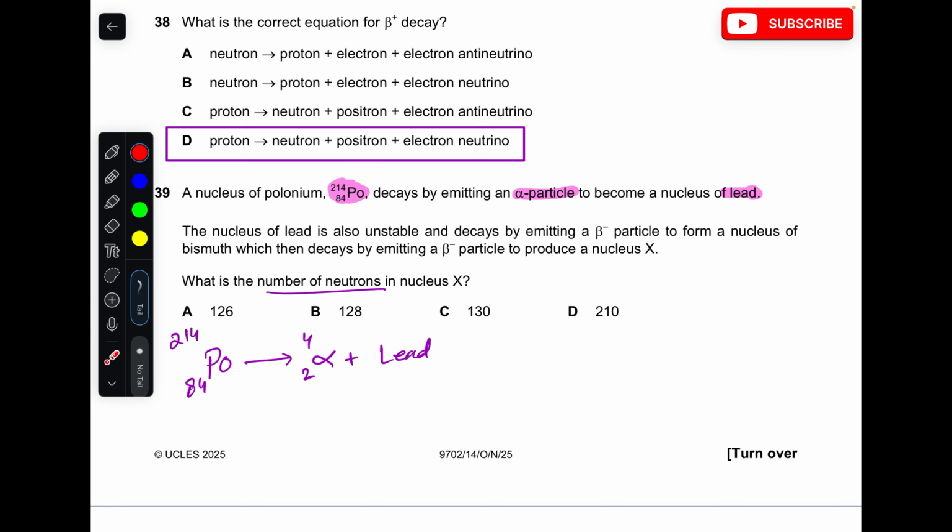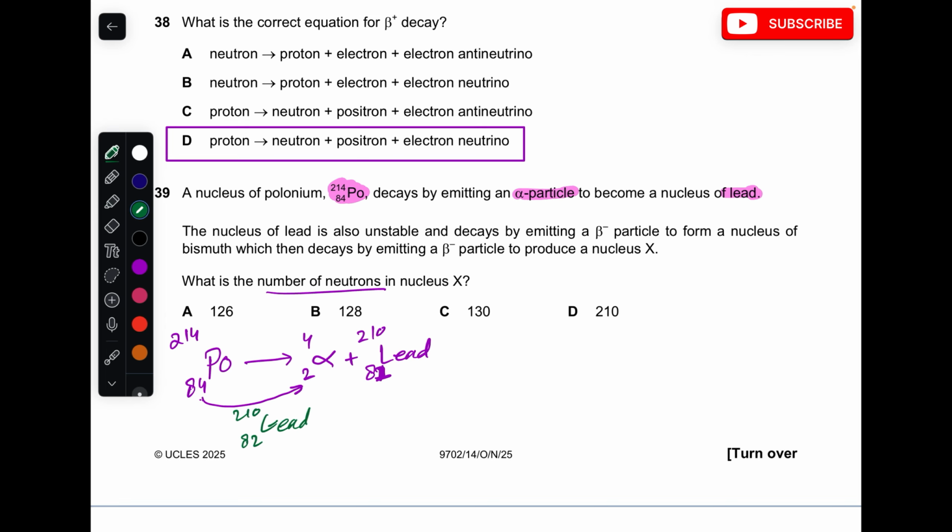If there is 214, 4 goes there, so there will be 210, and there will be 82, since 84 minus 2 will give you 82. Now we have lead, which is 210 and 82.